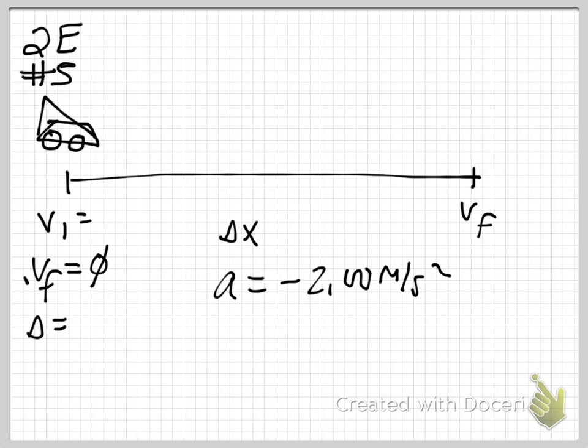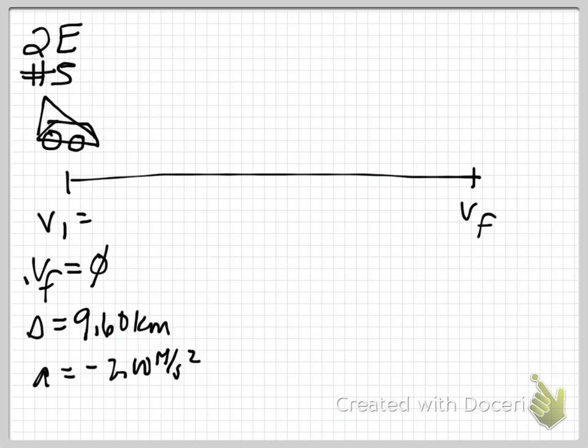Delta x, and of course we'll have to convert that, 9.60 km, and acceleration of negative 2.00 meters per second squared. Okay. And VI is our question mark. So what are we using? VF squared minus 2a delta x.